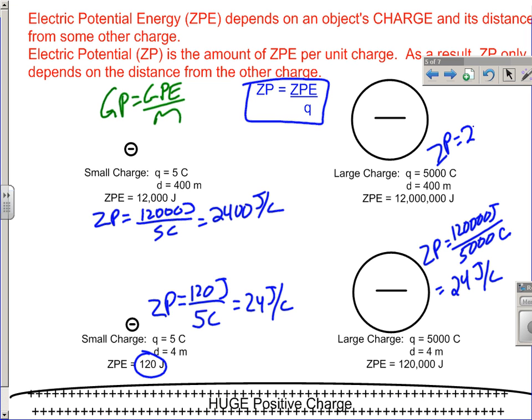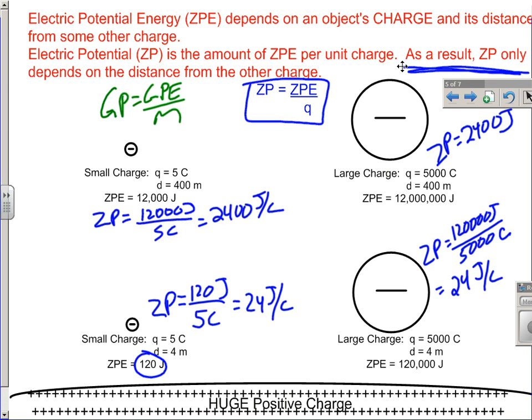I'm not going to write out the calculation, but what ends up happening is you find out that the electric potential only depends on the distance from this other huge charge down here. Okay? So, energy depends on the distance and mass or charge, whereas potential just depends on the distance.